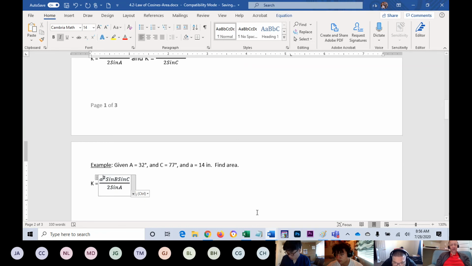So A squared is going to be what? 14 squared. Sine of B. B is the one angle we don't have. Here, we'll figure that one out in a minute. What's C? 77. And A is? 32. And how do we find B?